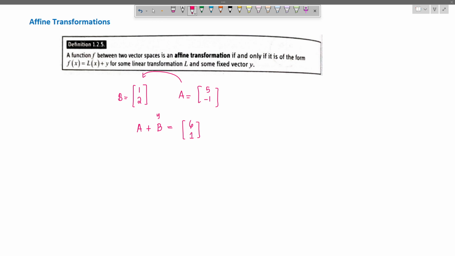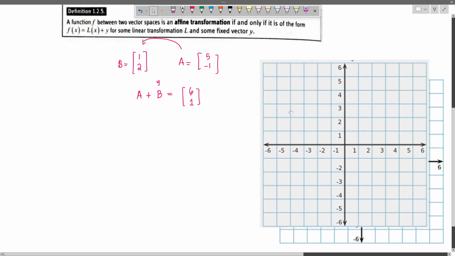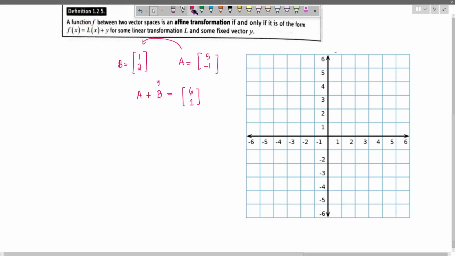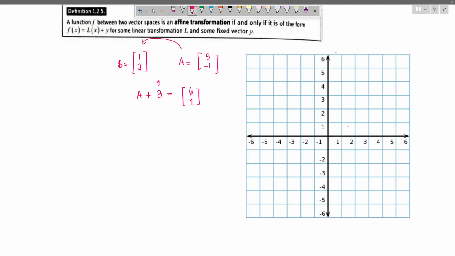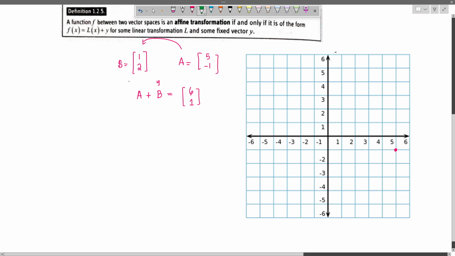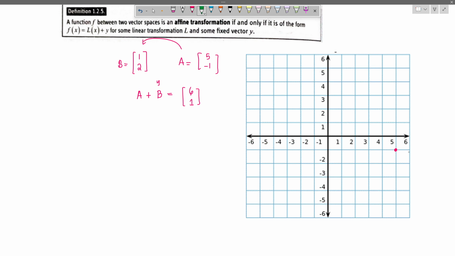Let me get a Cartesian plane to show it. Again, this is our original point A, (5, negative 1). Since we are adding the fixed vector (1, 2), that just means we move 1 unit to the right and 2 units up, because it's (1, 2).